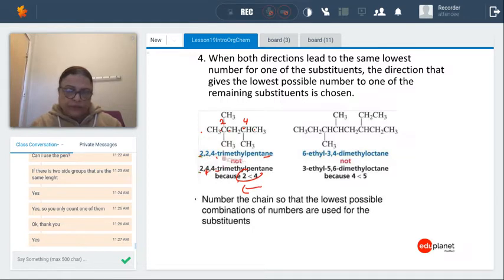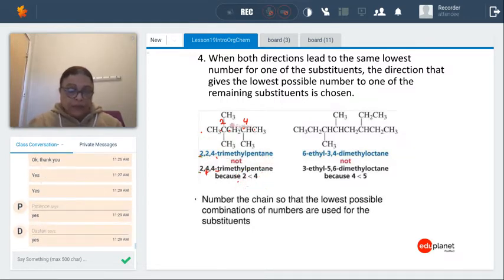So far, so good? So that is the case where, whether you count from left to right or from right to left, the smallest number is 2. So you go and look at the rest of the molecule.